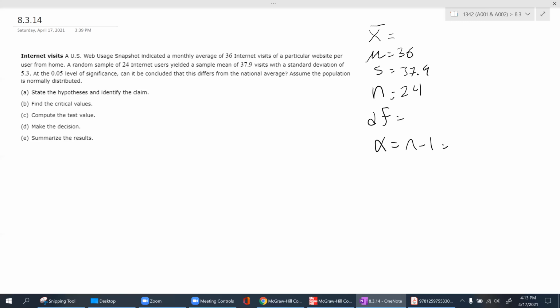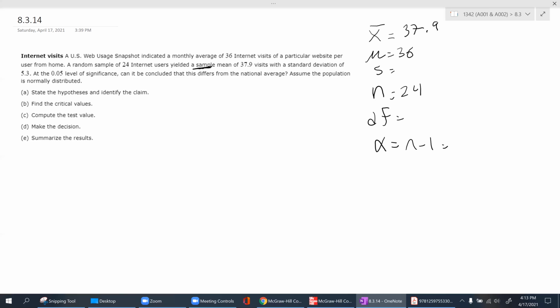Again, you're doing s and not sigma. Oh no, wait, that's my bad. It's a sample mean. This should be 37.9 with a standard deviation of 5.3. You see, it's still there. We're dealing with samples here. So this one's still worded a little bit differently.